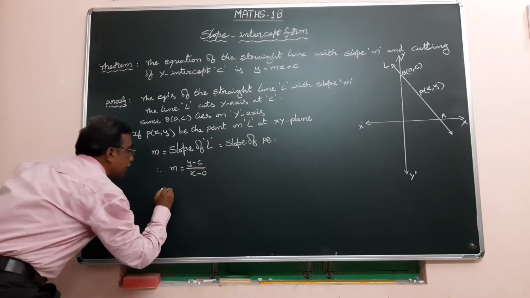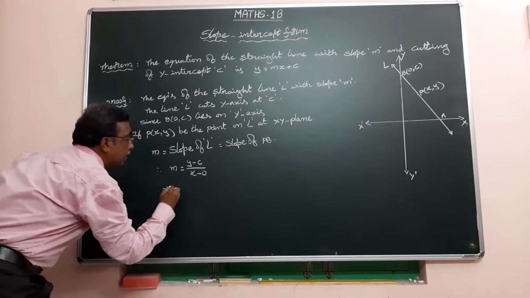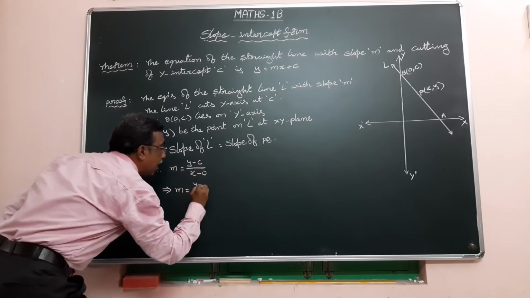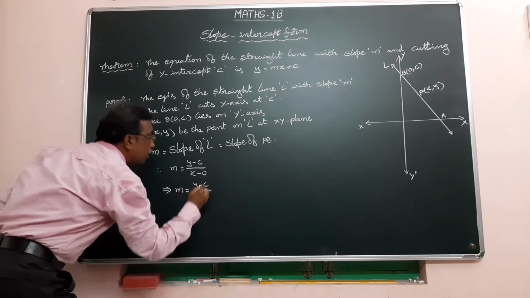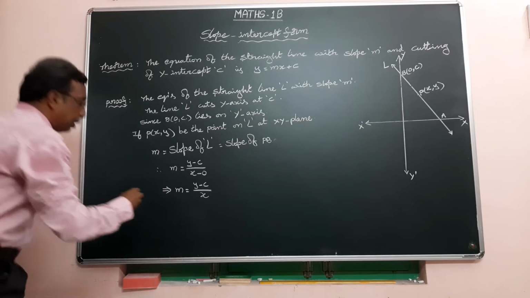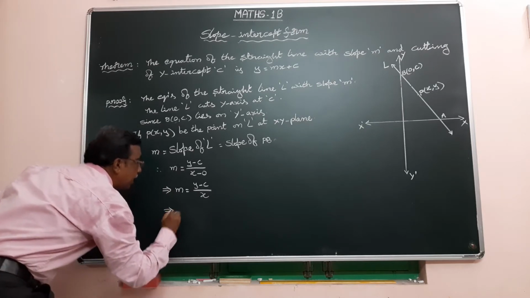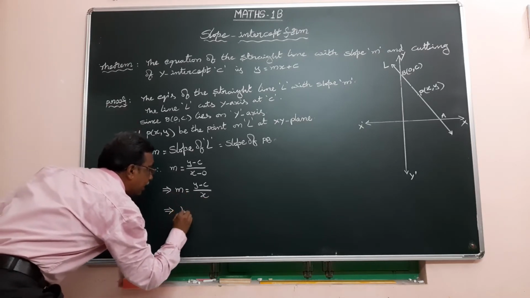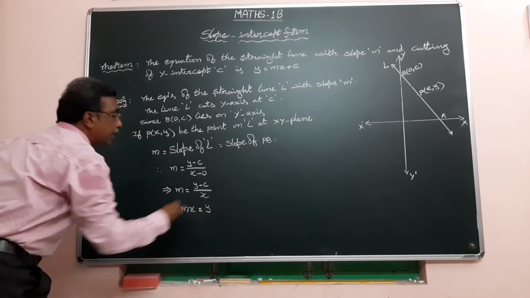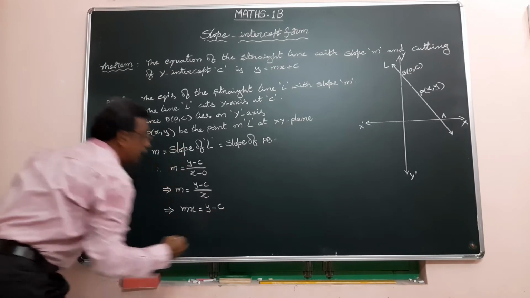That implies m equals y minus c by x minus 0, that is x. By cross multiplication, m into x, mx equals y minus c.